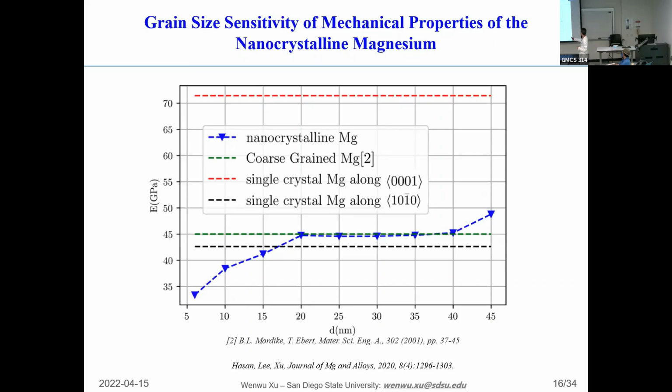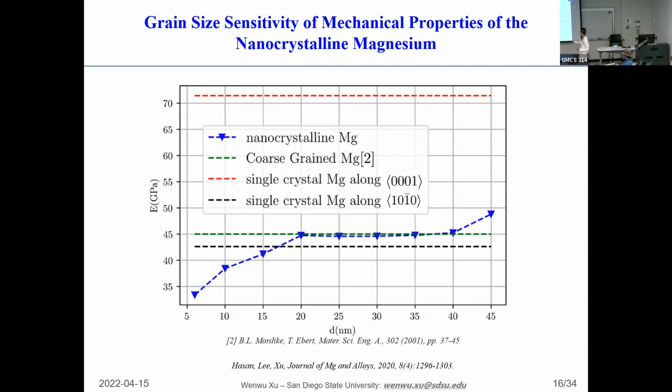For example, we computed some single crystal magnesium just for comparison, and then we can see the elastic modulus of the nanocrystalline model is somewhere in between the single crystal model, which kind of makes sense.